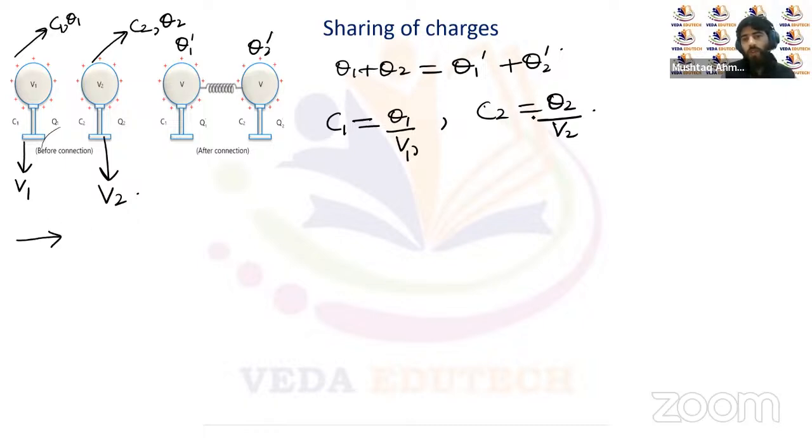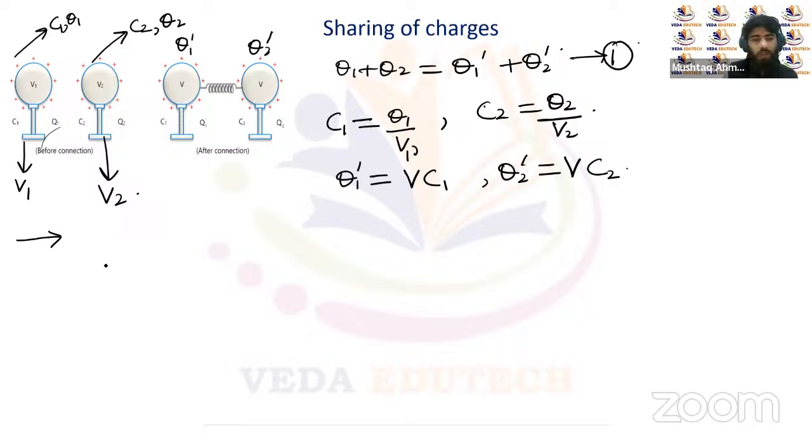C1 is Q1 upon V1 and C2 is Q2 upon V2, right? Now the final charges are Q1 dash and Q2 dash. Q1 dash will be equal to the final potential V times the capacitance C1, and Q2 dash will be equal to the final potential V times the capacitance C2. Let's substitute all these values in the equation and find the common potential.